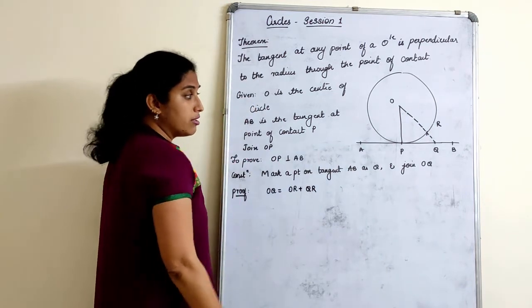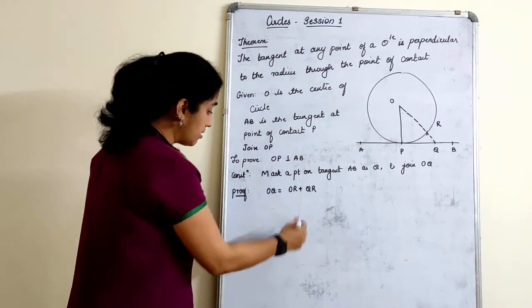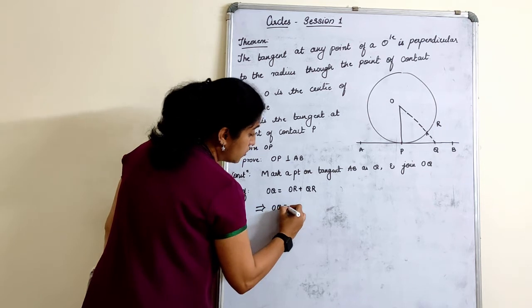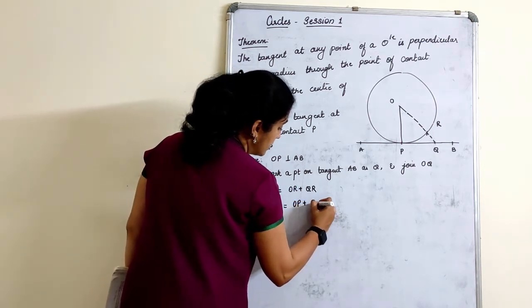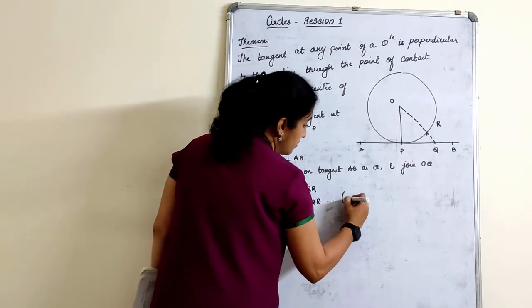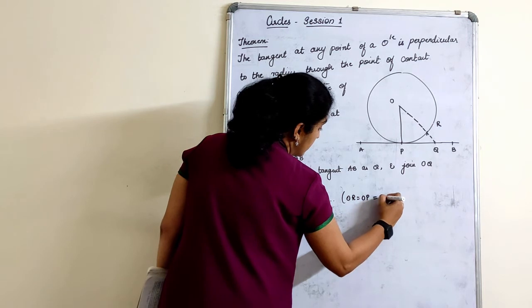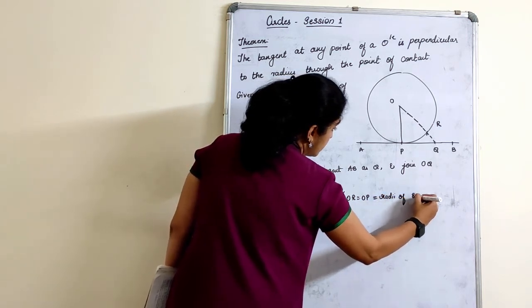What is OR, children? OR is equal to OP. Are they radii of the same circle? I will rewrite this as OQ is equal to, instead of OR, I will write OP plus QR. Reason: OR is equal to OP, radii of same circle.